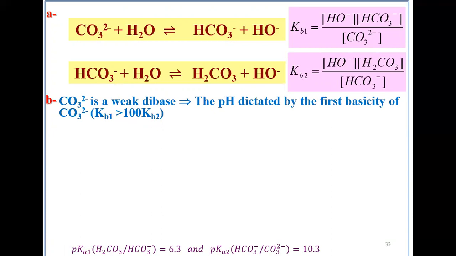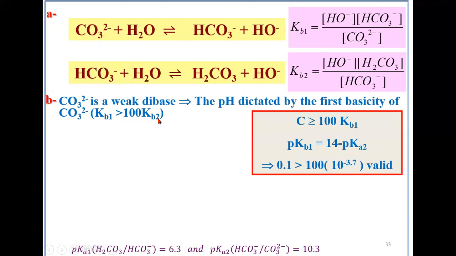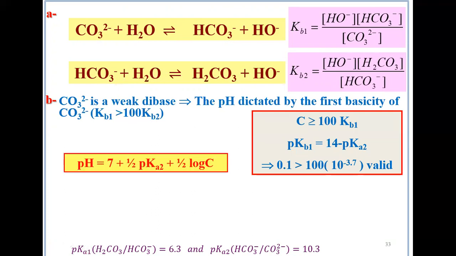Just assume that Kb1 is greater than Kb2 and move on. You have the Ka values, you could easily get the Kb values and do the calculation. Let's see if the concentration is greater than 100 Kb1. I'm going to check it here.